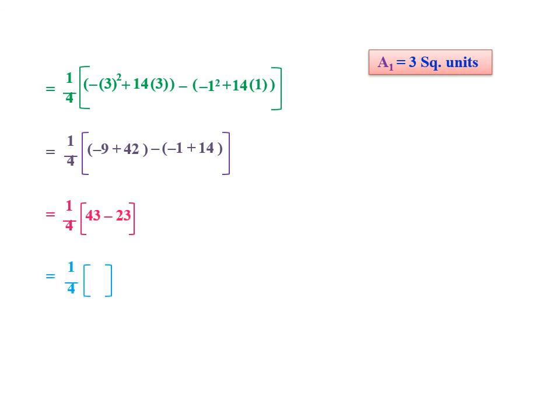So on simplifying we get 33 minus 13, which is equal to 20, and 20 upon 4 is equal to 5 square units, the required area under that line.